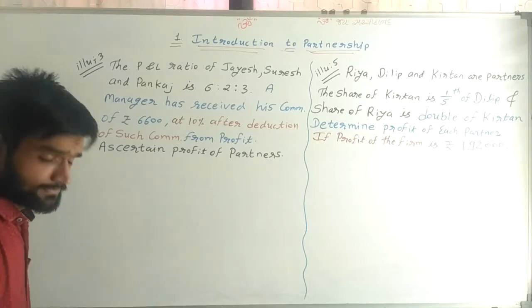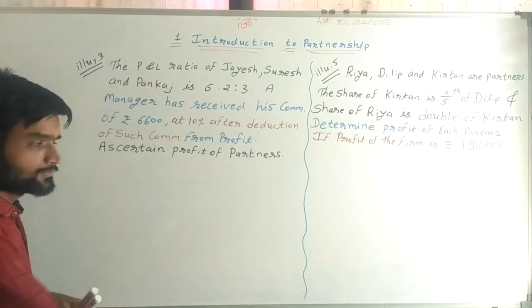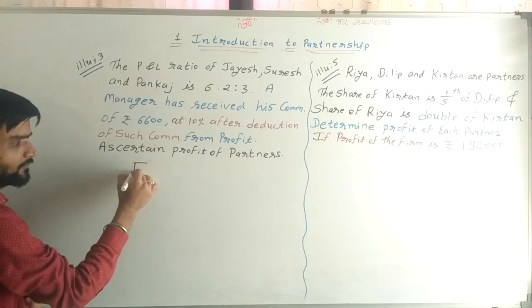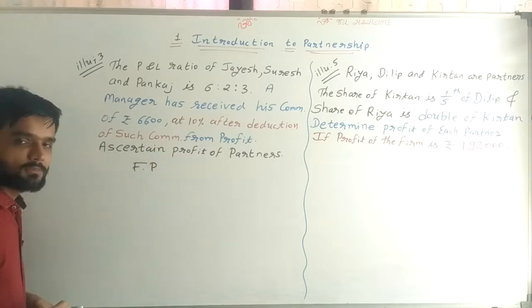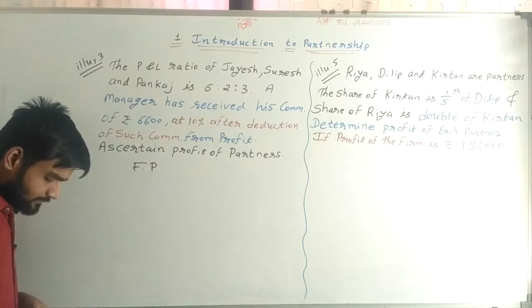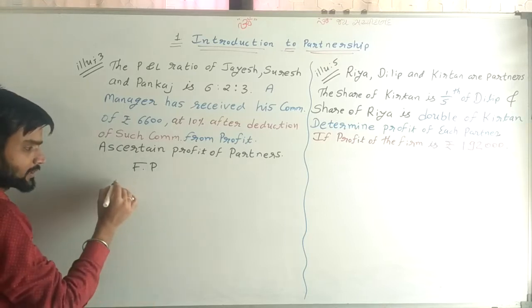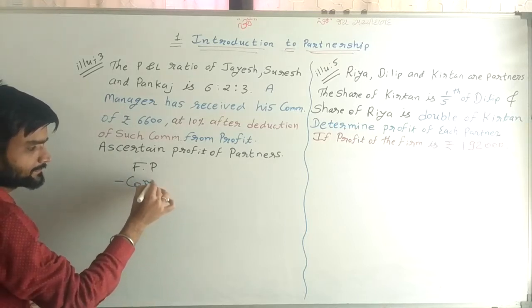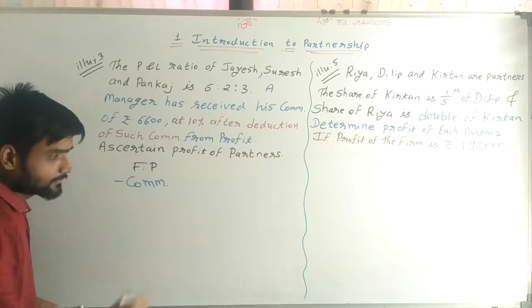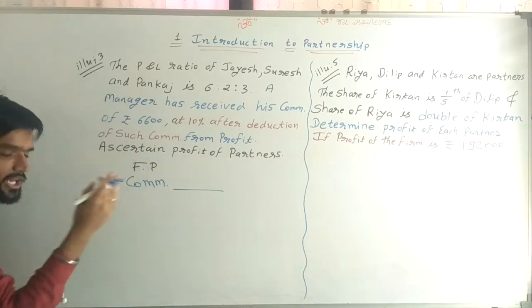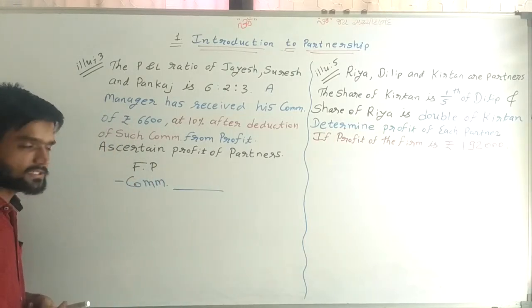and make the format also. First of all, firm's profit. Then after deducting commission, we are getting the answer.